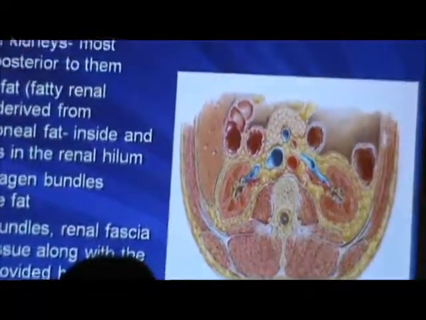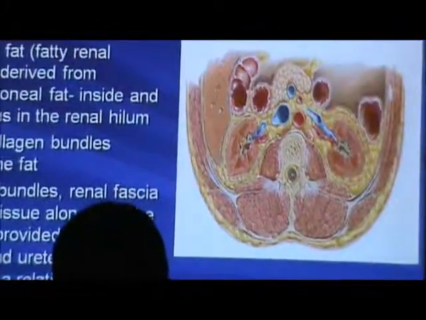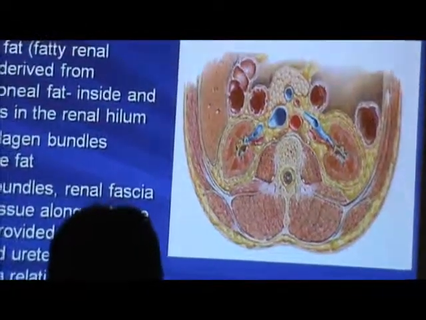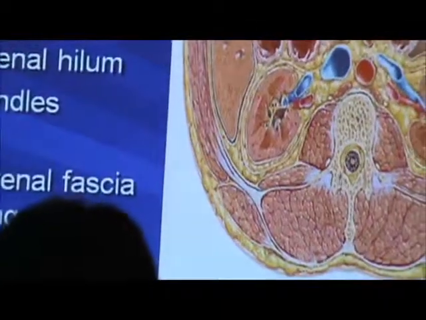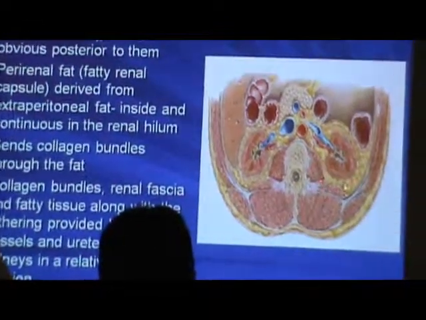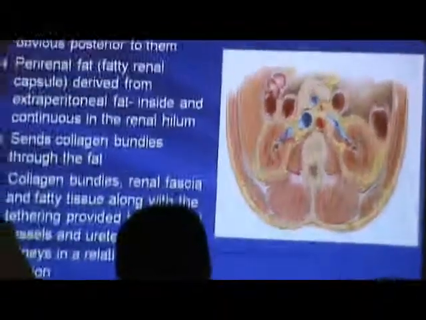Simply, it is called the retroperitoneal fat, outside of the renal fascia. Perirenal fat, the fatty renal capsule, is inside. It is derived from the extraperitoneal fat and continues with the renal hilum.